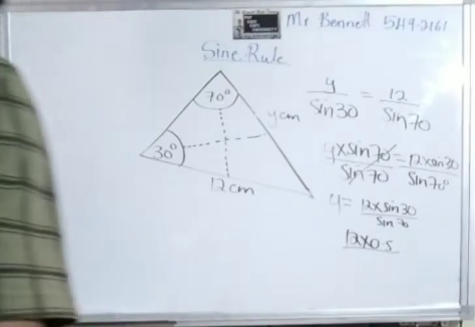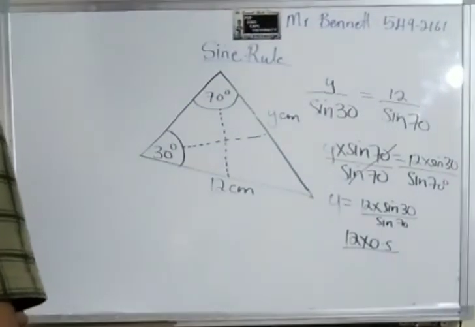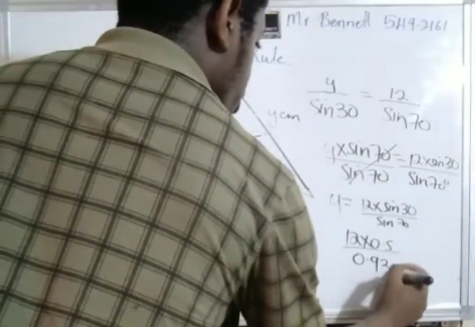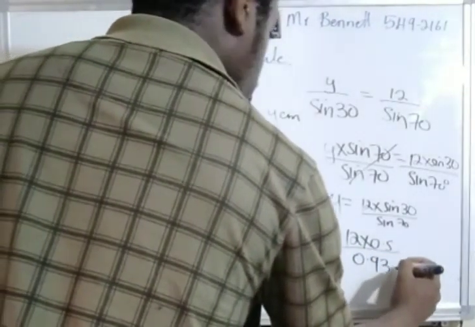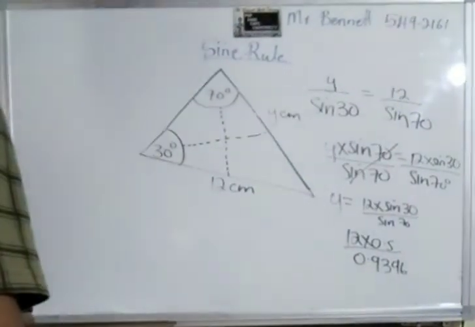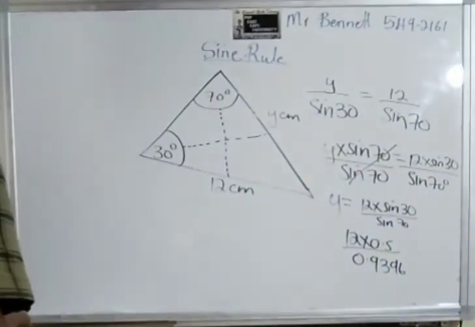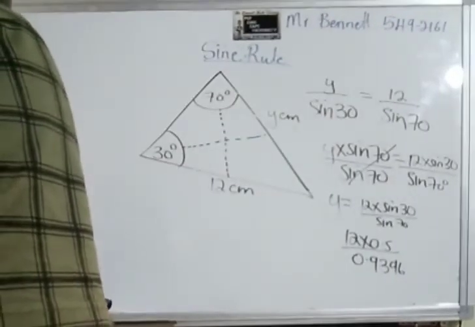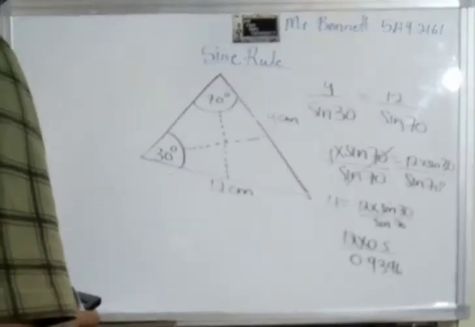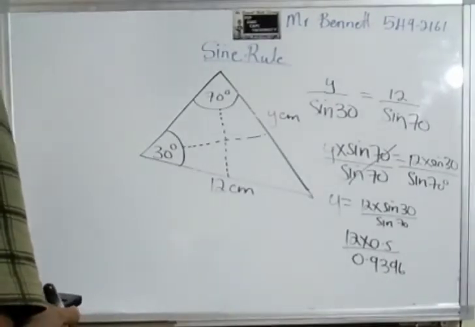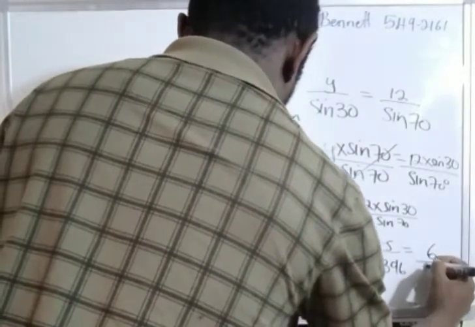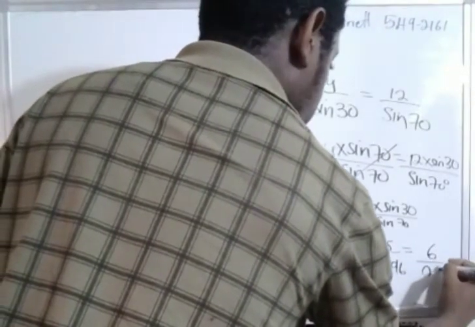Let us look at what sine 70 is. Sine 70 is equal to 0.9396. Now 12 times 0.5 will give us 6, and then we divide 6 by 0.9396. So this is 6, we divide by this.